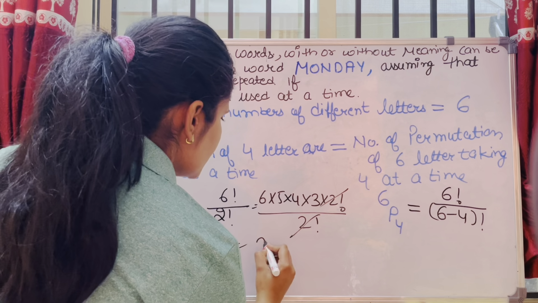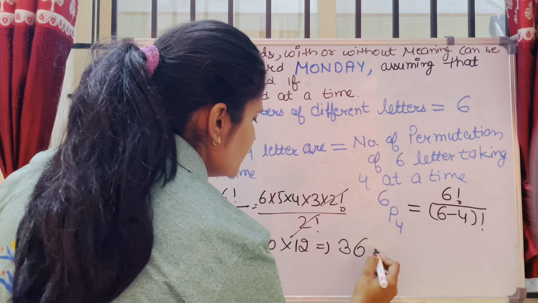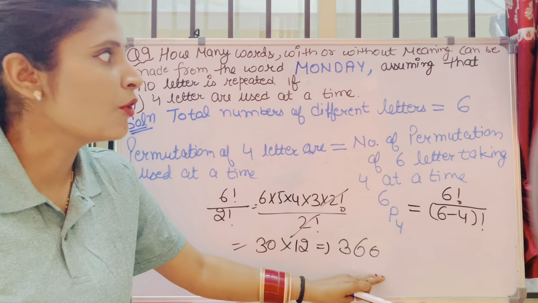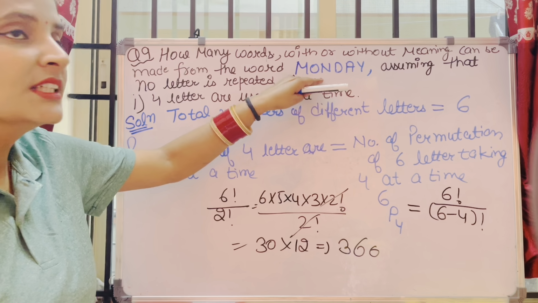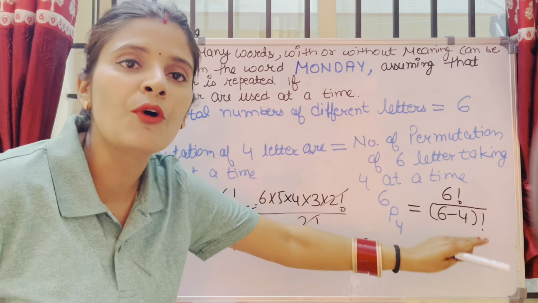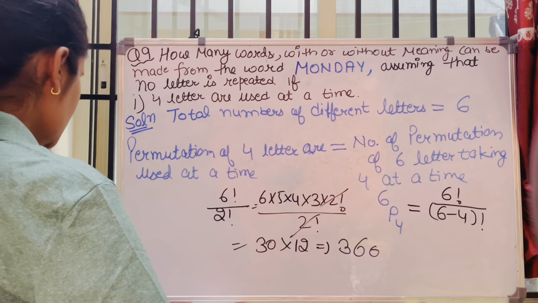So 6 times 5 is 30, the answer is 360. So 360 words can be formed by using 6 letters taking 4 at a time. So this is our first condition.